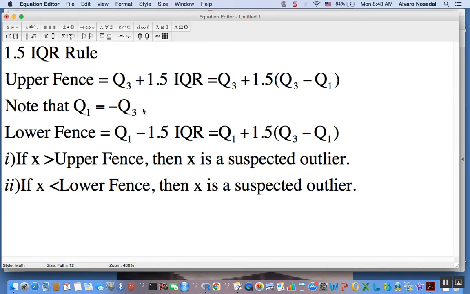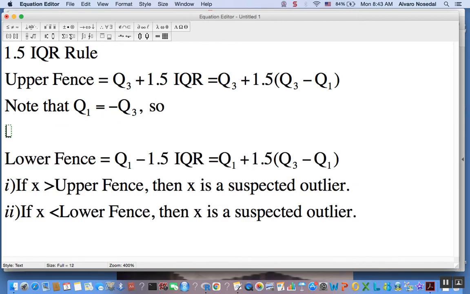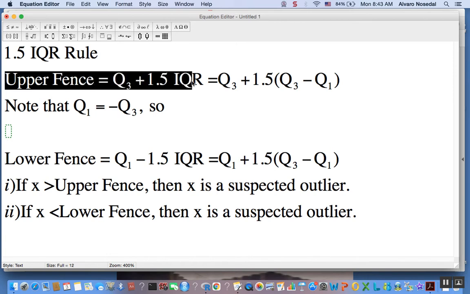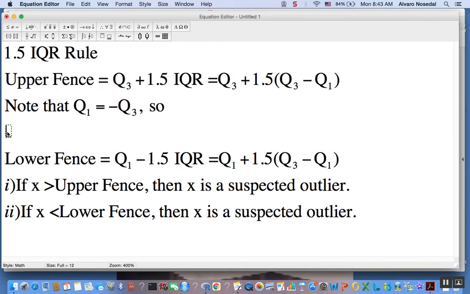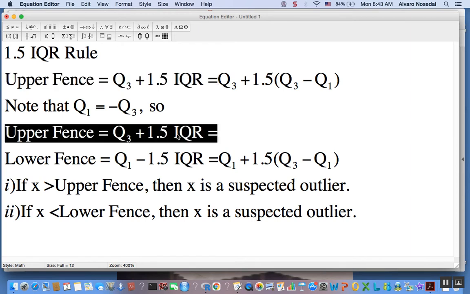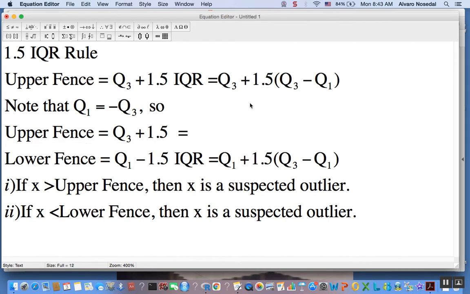Okay, so we could rewrite the upper fence like this. This we know is just Q3 minus Q1.